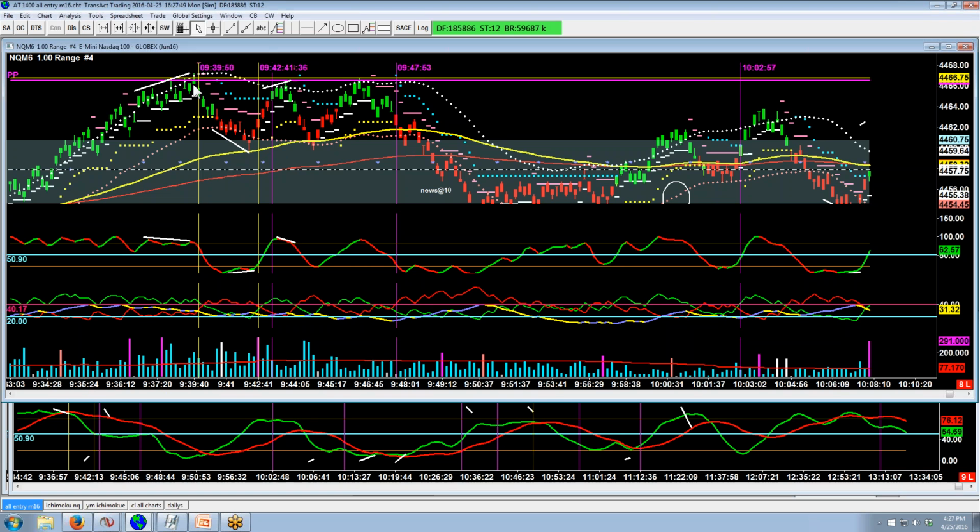So what would be going through my head on this one is I would use the 90, and then if I can get through the 90, then I would be looking at testing this area down here. So you can just pick a target and just get in and get out, or you could try to trail. I will tell you that if you're doing divergence trades, realistically you're not going to have a whole lot of room likely for a runner, so you might want to keep that in mind.